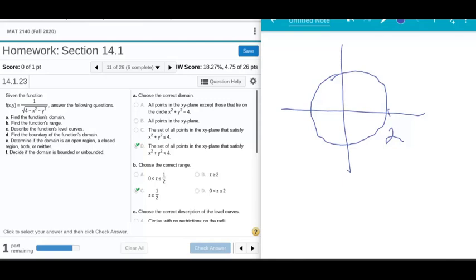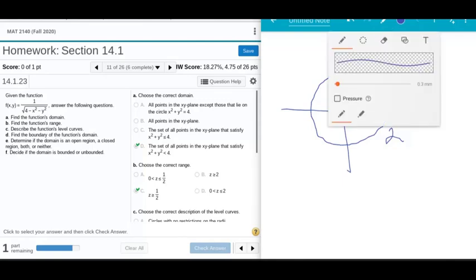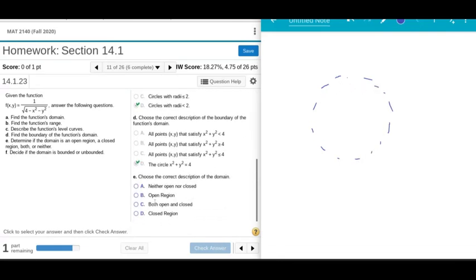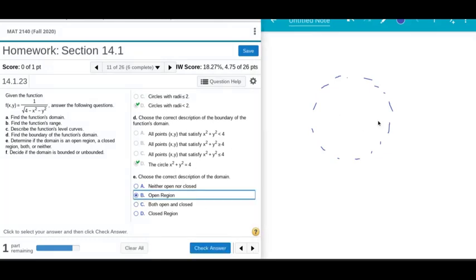So there was no equal bar. If I were to draw this better, I would have a dashed circle because I technically don't include the boundaries of this circle. With that in mind, everything in here would be an interior point, or just think of the fact that this is like open dashes. That's a faster way to think about it. So this is an open region, and nothing about it is also closed in this case. So it's not a tricky one.